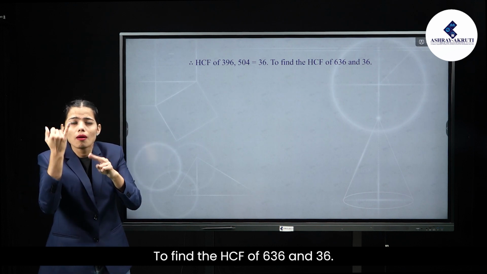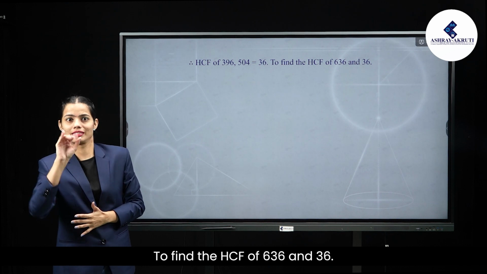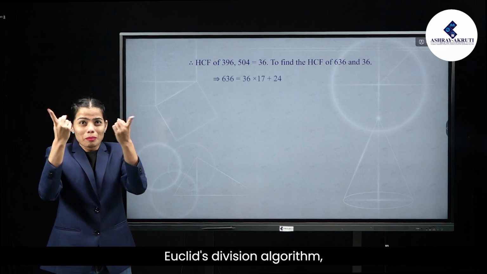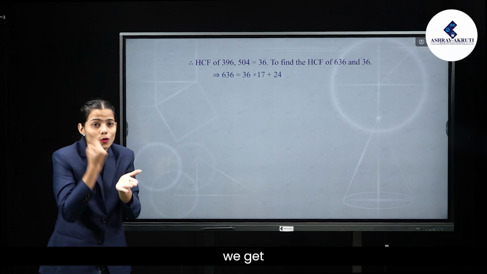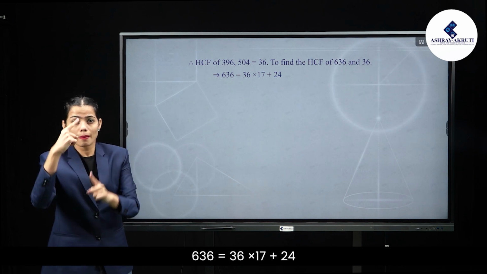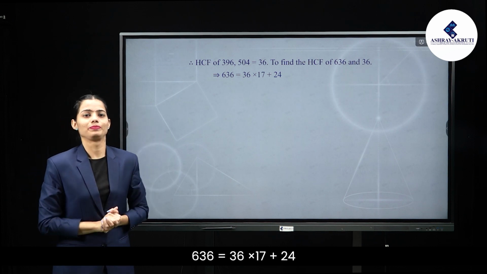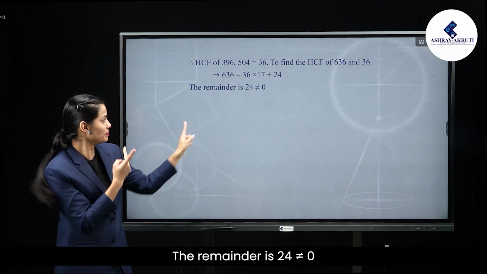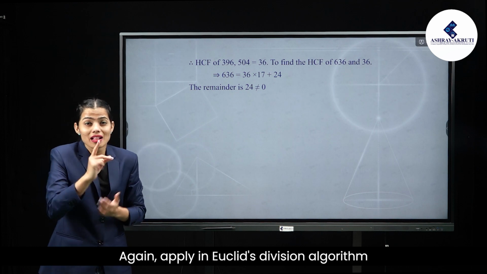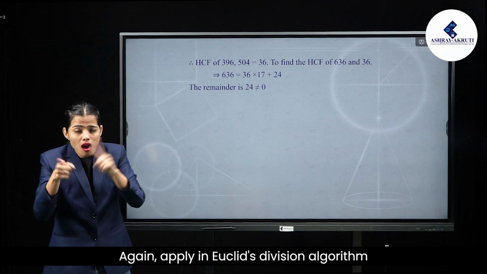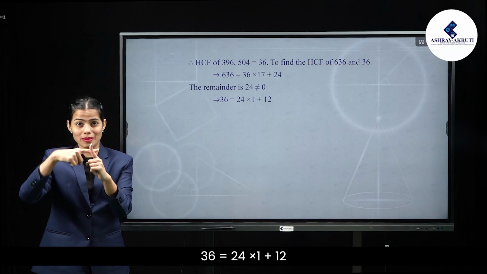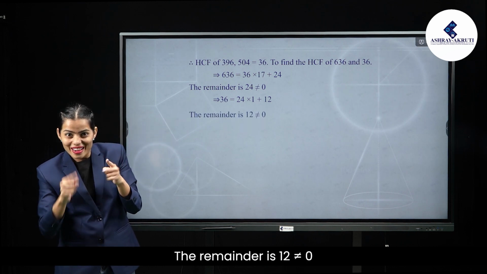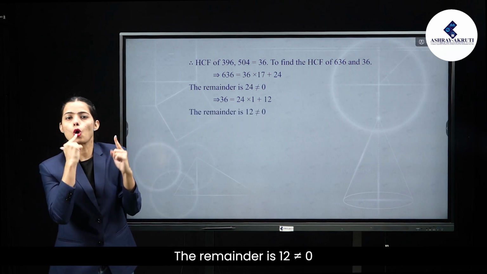To find the HCF of 636 and 36. Using Euclid's division algorithm, we get 636 = 36 × 17 + 24. The remainder 24 is not equal to 0. Again, applying Euclid's division algorithm, 36 = 24 × 1 + 12. The remainder 12 is not equal to 0.